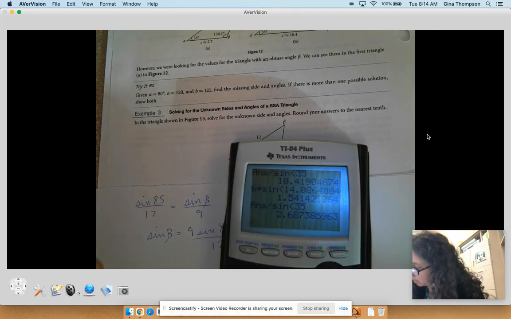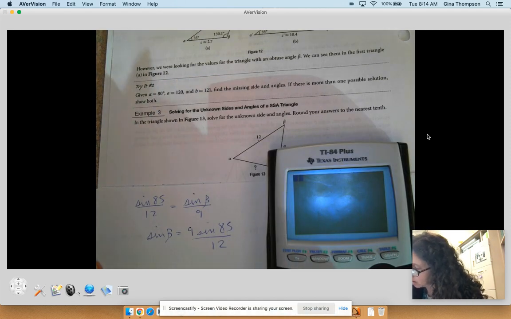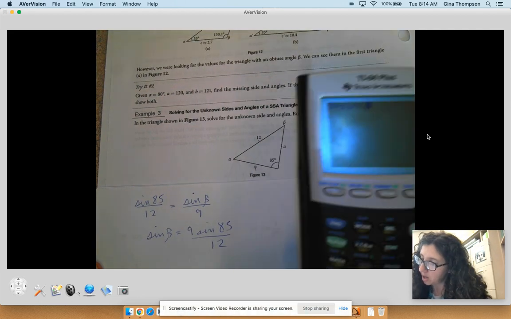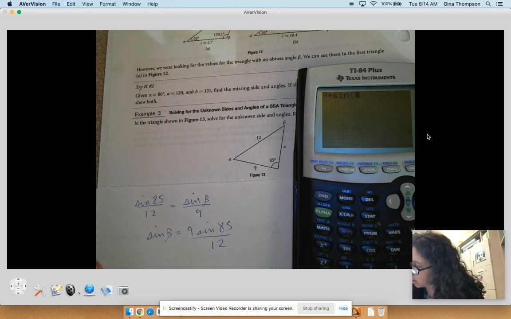I'm going to put this in our calculator. I know you can't really see that very well, it's tricky with the lighting. Okay, 9 times sine of 85 divided by 12.